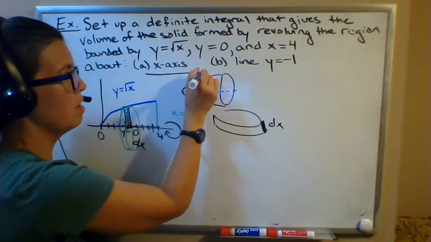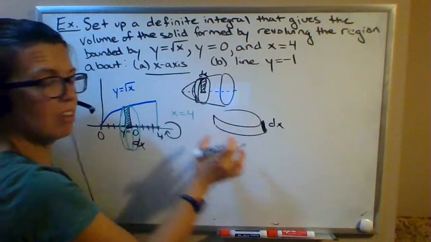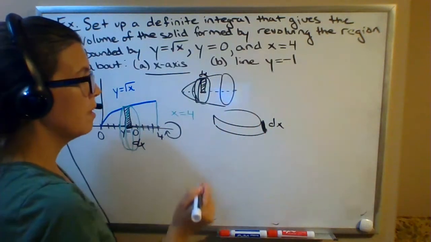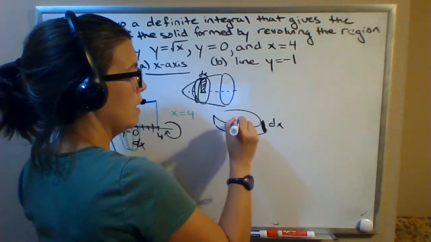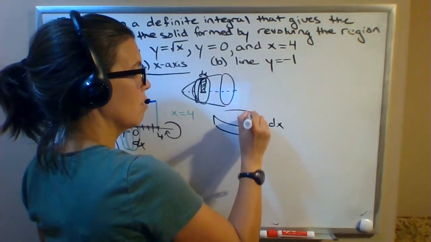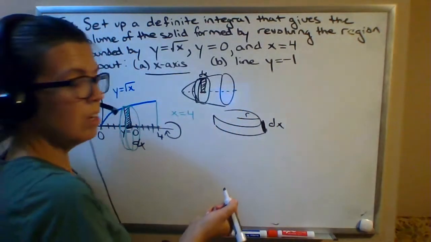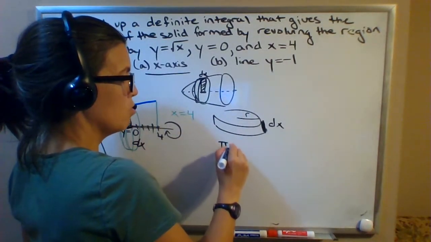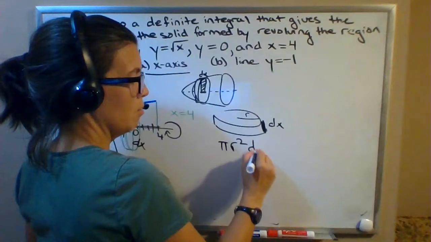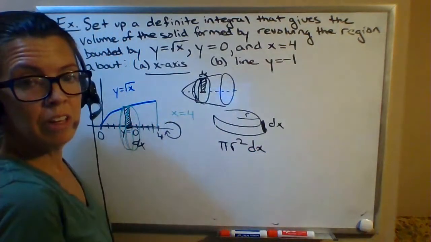So again, imagine I'm picking up this disc and then setting it on the table in front of me. In order to find the volume of this solid, we would need the height. I would also need the radius, which I'll call r here. And then the volume of a cylinder is pi r squared times the height, which in this case is dx.